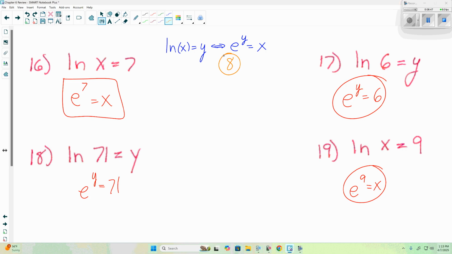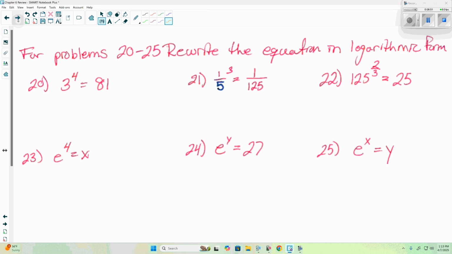There are 8 of them going from exponential to logarithmic. We're also going to rewrite the equation in logarithmic form, so we're going from logarithmic back to exponential.